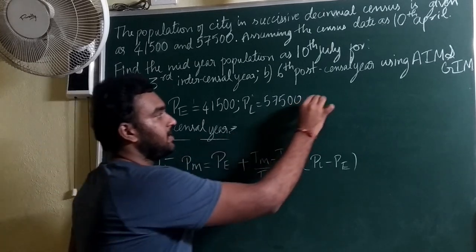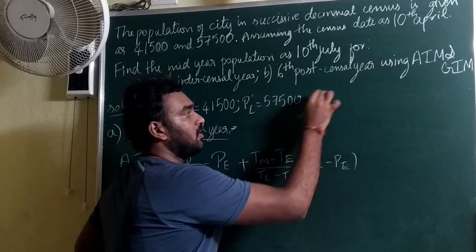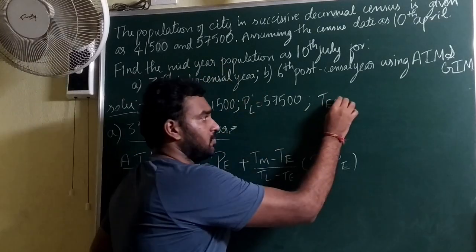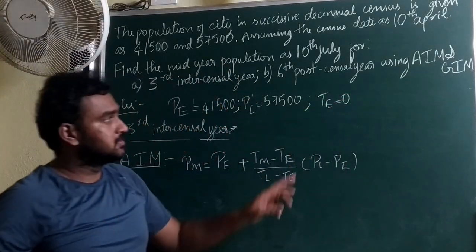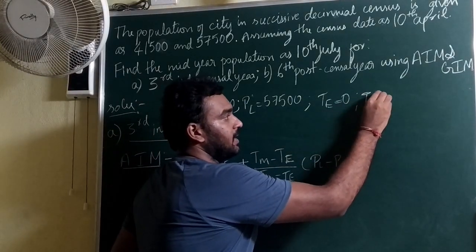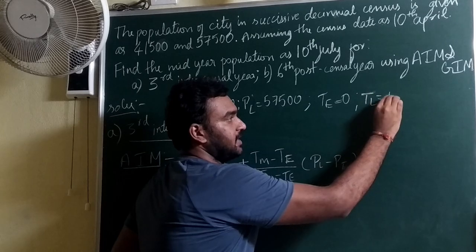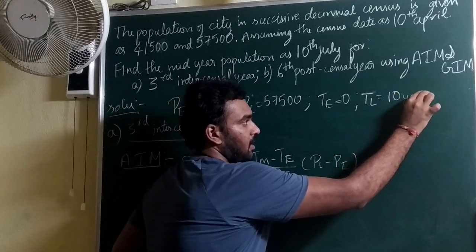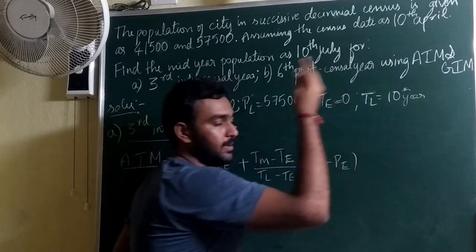And what is TE? Because they have not mentioned any set of years, let me take it as 0 at the 0th period. So TE will be 0 and TL will be after 10 years, right? That's why it is taken as 10 years.